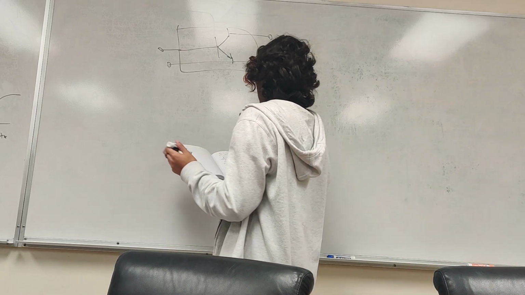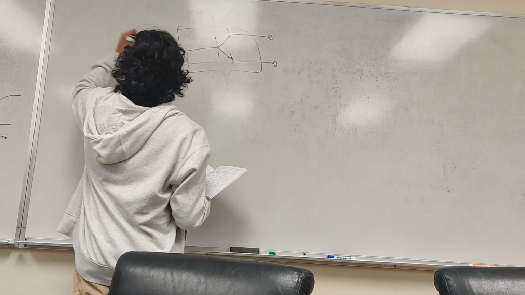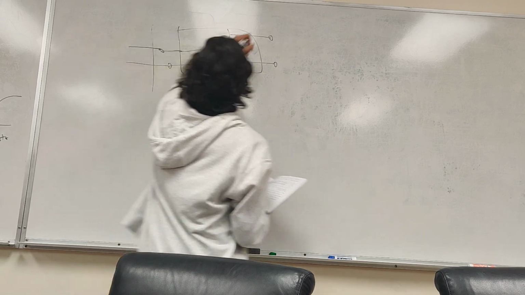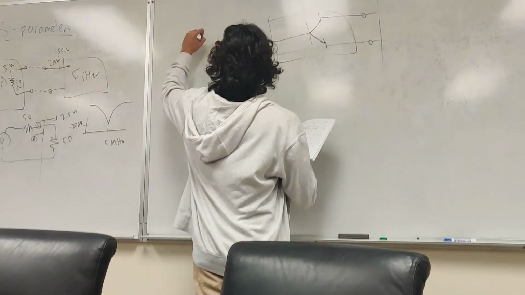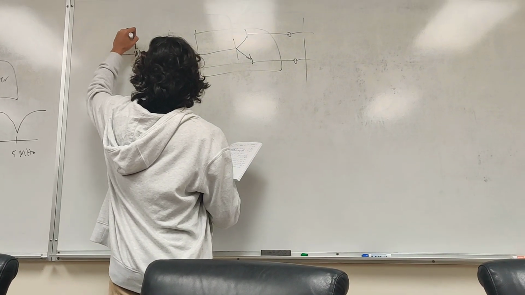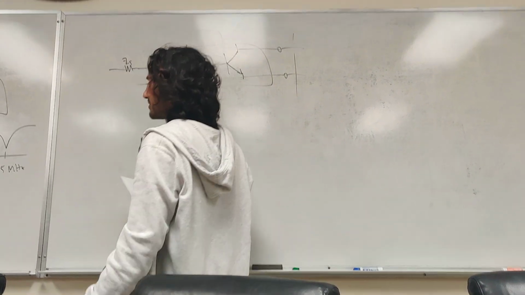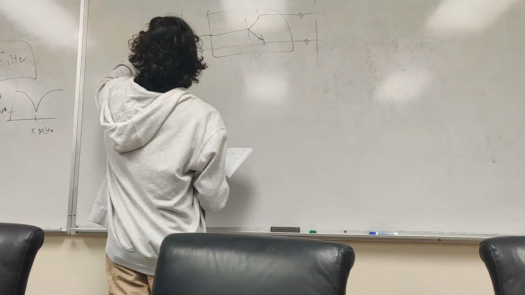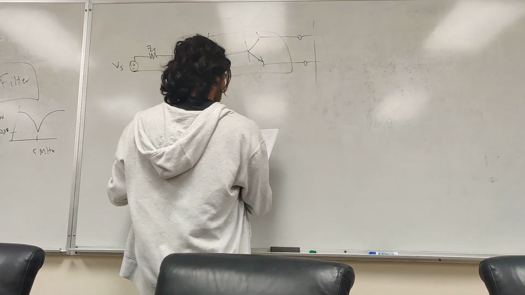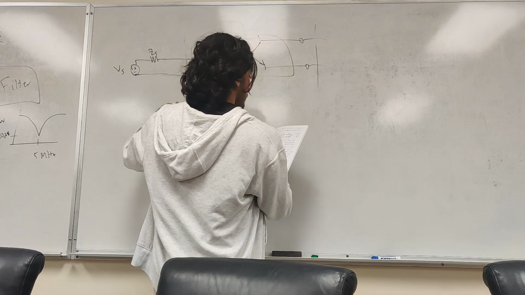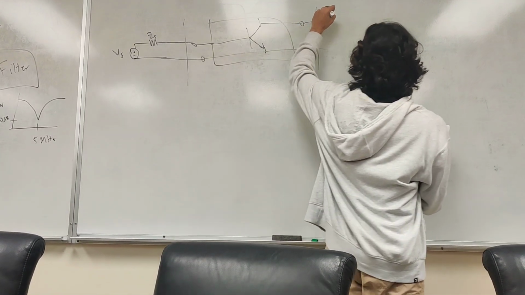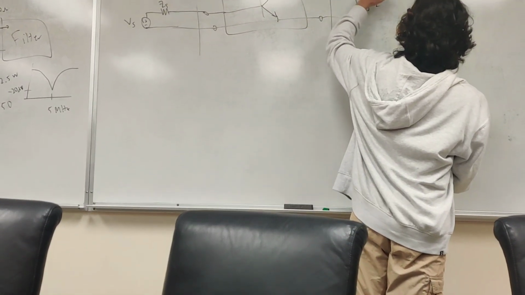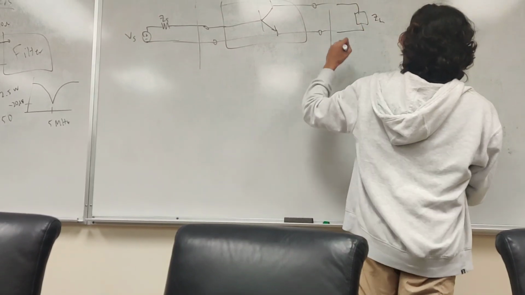What we're going to say now is we have some source impedance, ZS, just like how the NanoVNA is at 50 ohm. And we have some VS here. And we have some ZL here.